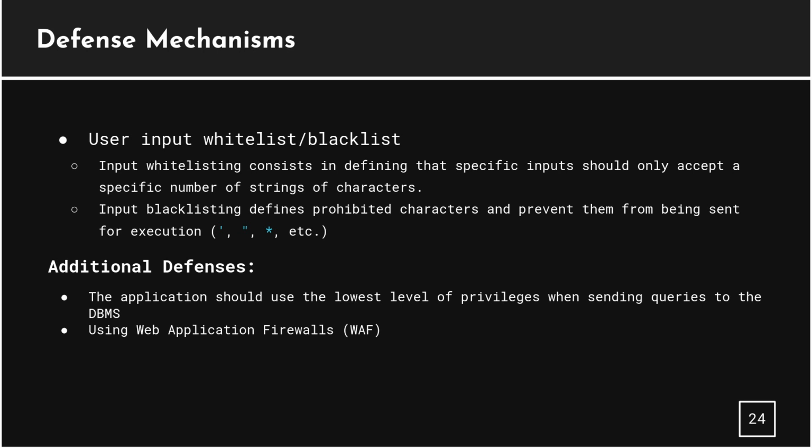But let's say the database server is running as a low privileged user that only has access to select data from the students table. In that sense, it won't allow inserting new data, updating data, or even deleting data. So that's what we mean by using the lowest privileges, and how that can be useful.